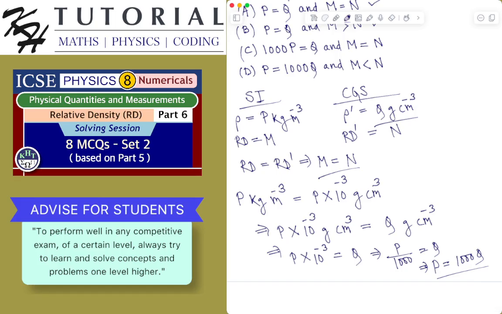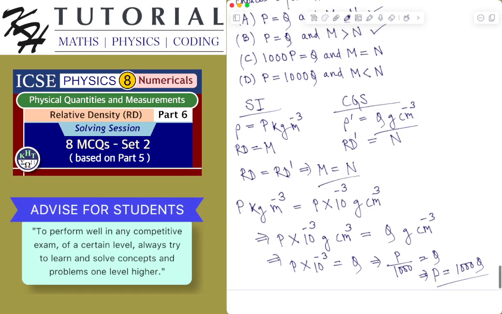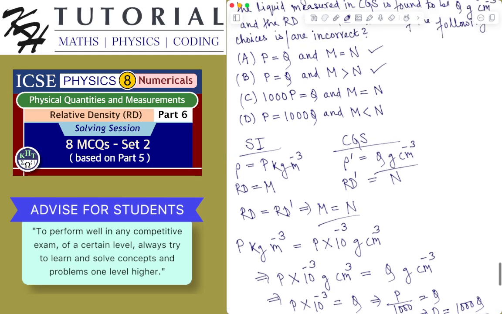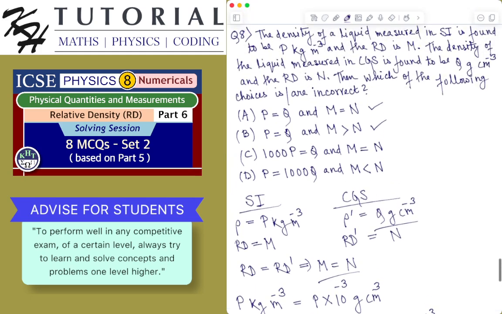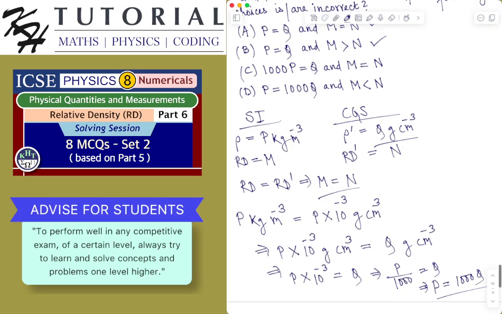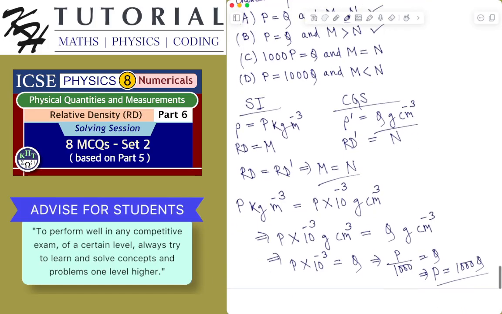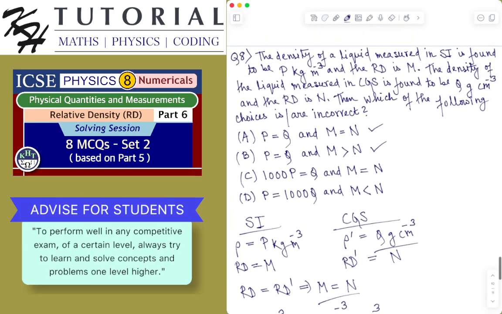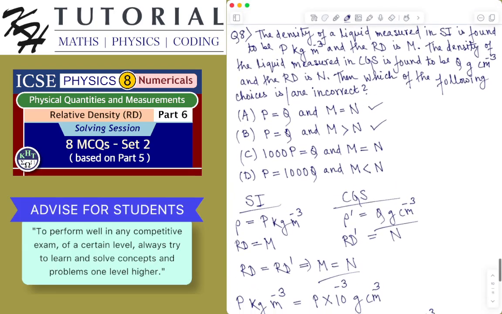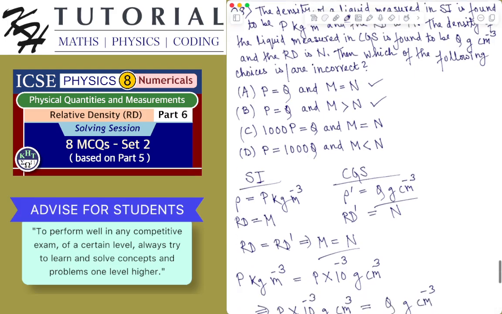I will quickly check. The density in the SI was given to be P kilogram per meter cube. If I convert this to CGS, it will be P multiplied by 10 to the power minus 3 gram per centimeter cube. So we get P multiplied by 10 to the power minus 3 equal to Q, since it is also given that the density of the liquid in the CGS system is Q gram per centimeter cube.